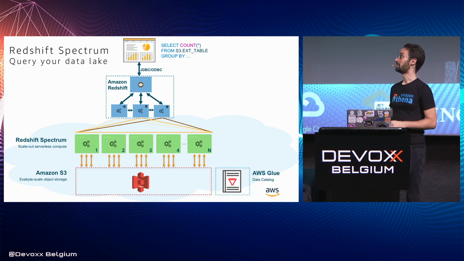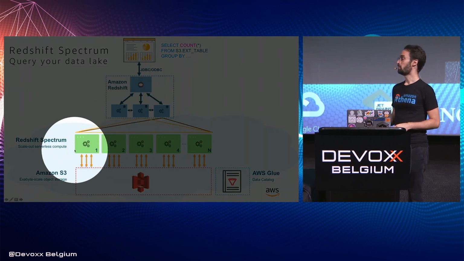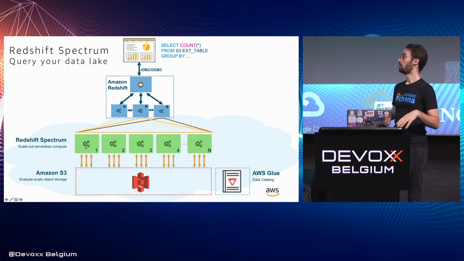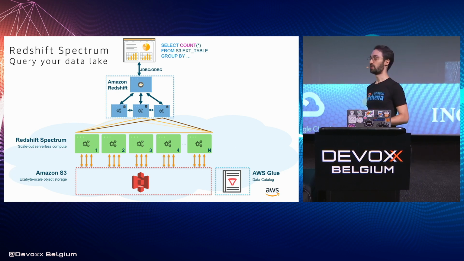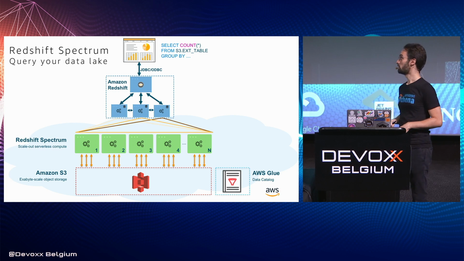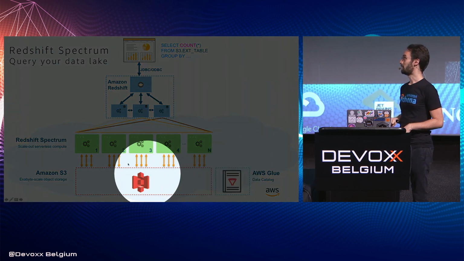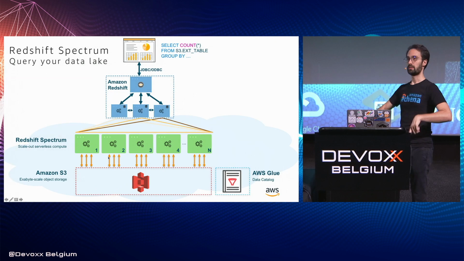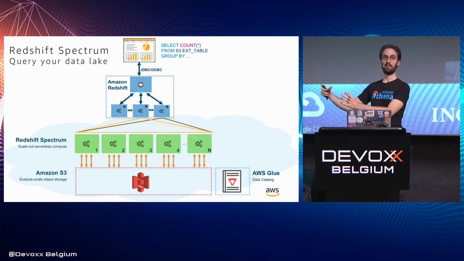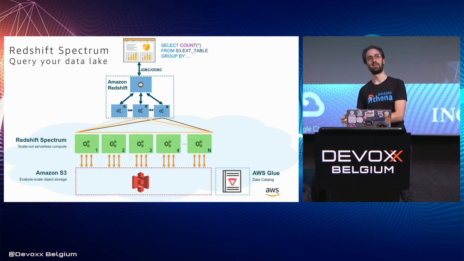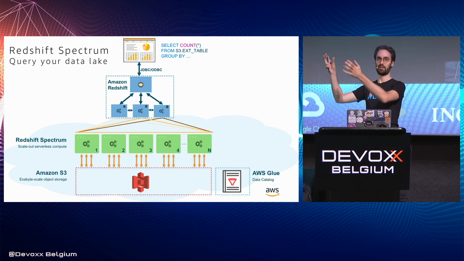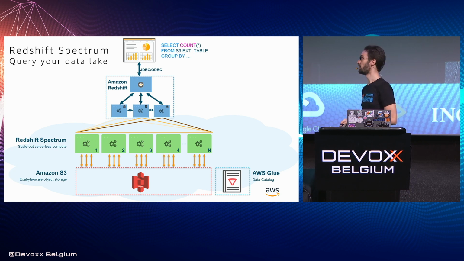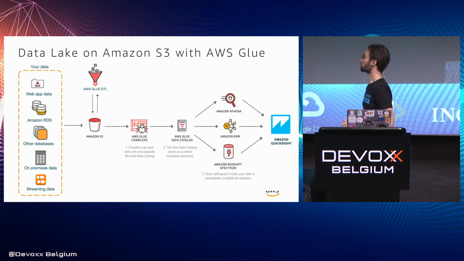But if the data is on S3, it will delegate all the parallelizable computation to the Redshift Spectrum cluster, which is not managed by you, it's managed by us, and it's much, much, much larger than your traditional Redshift cluster. And once the data is being fetched from S3, maybe aggregated, and all the partial subqueries have been executed and we have the partial results, they will be given up to Redshift and the query will return to you through the leader node. So this is more or less the architecture.